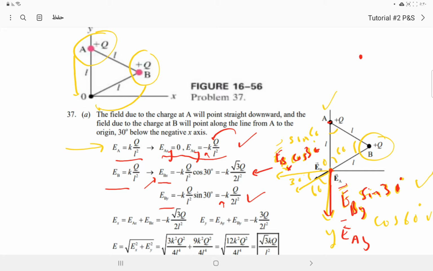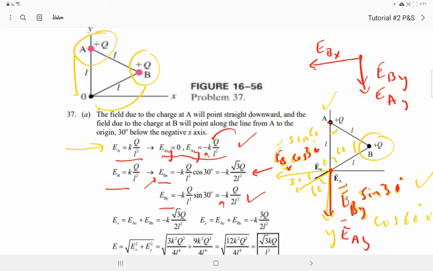This is the point O, the origin. Then we have one going there, which is EAY, and another one here going down also. This is E coming from charge B in the Y direction. We have another one in the minus X direction, which we call EB in the X direction. So we have these three vectors.